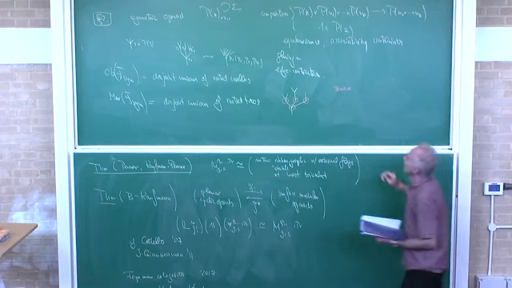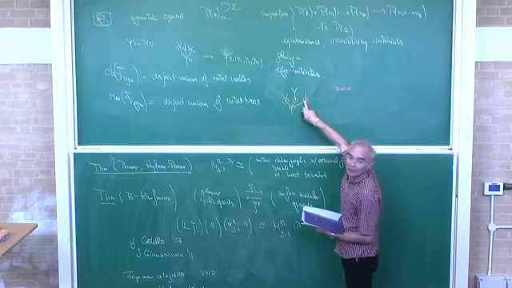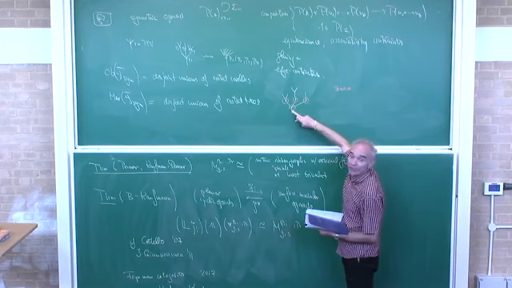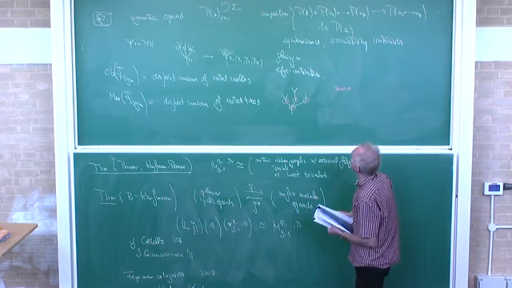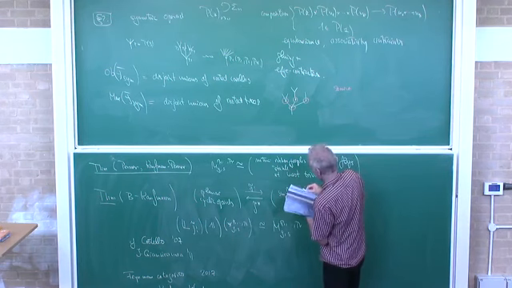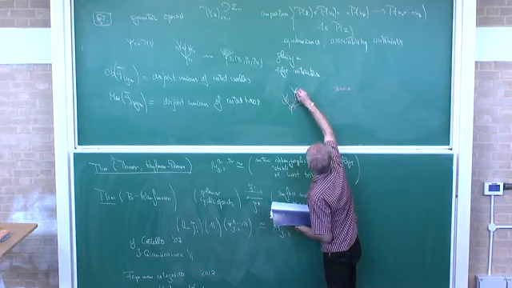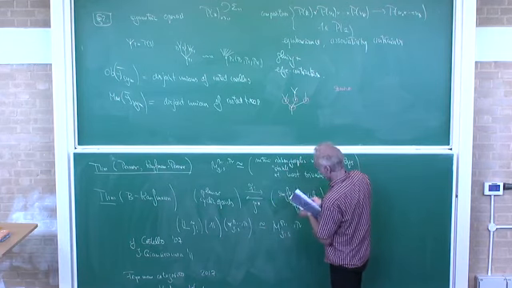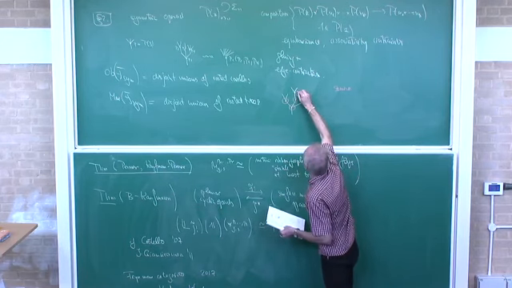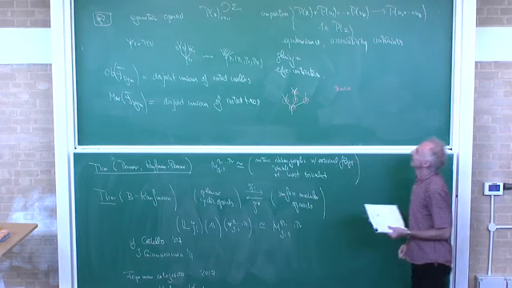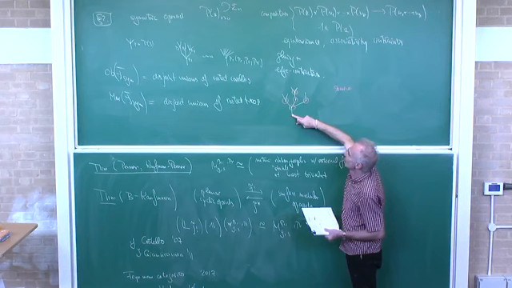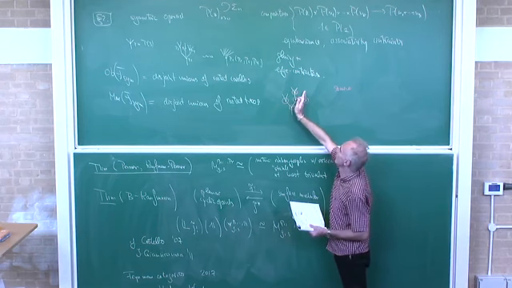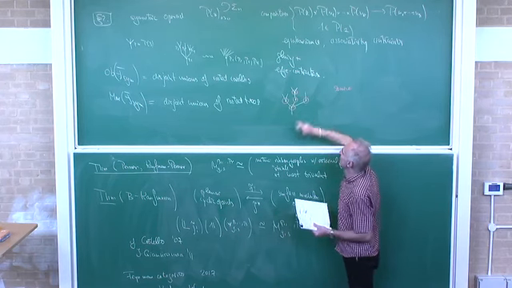This is a disjoint union of corollas, which are also rooted, and they are all rooted because the root here gives a canonical root for all these corollas.